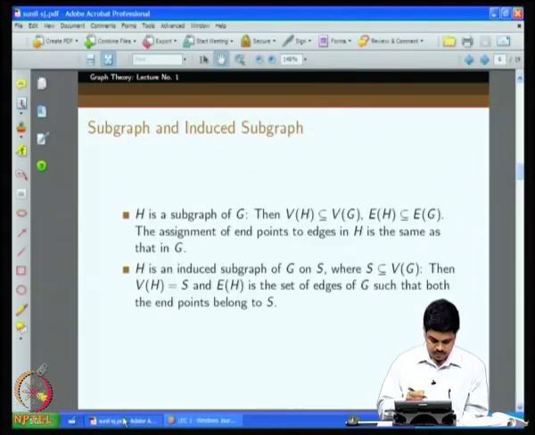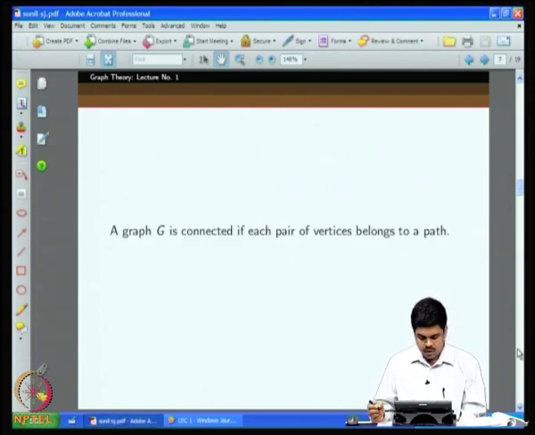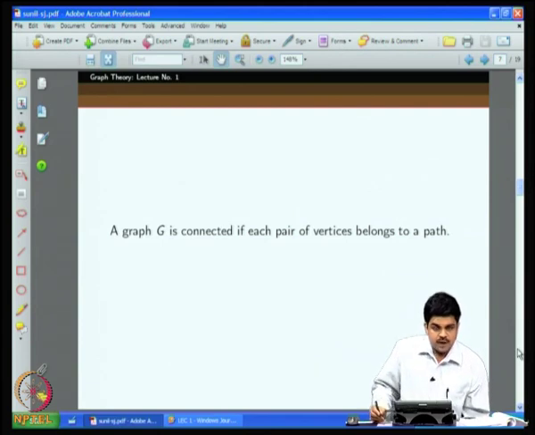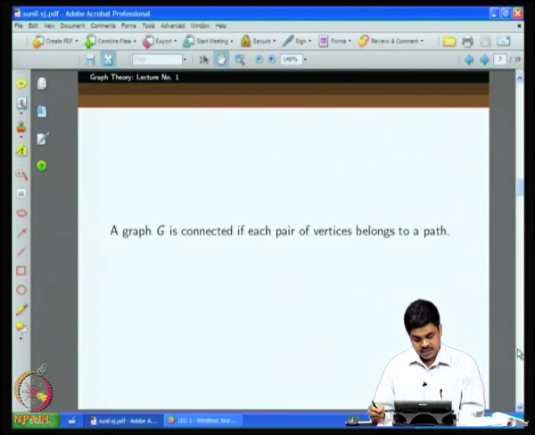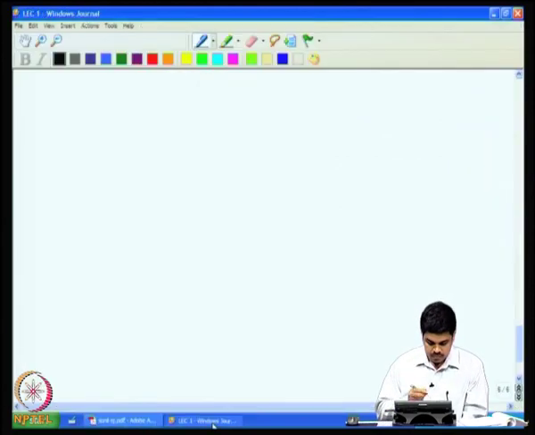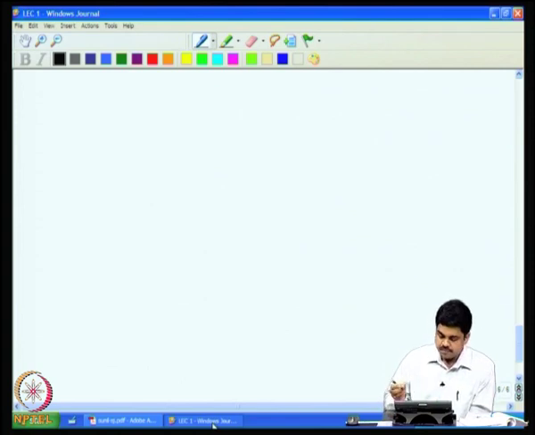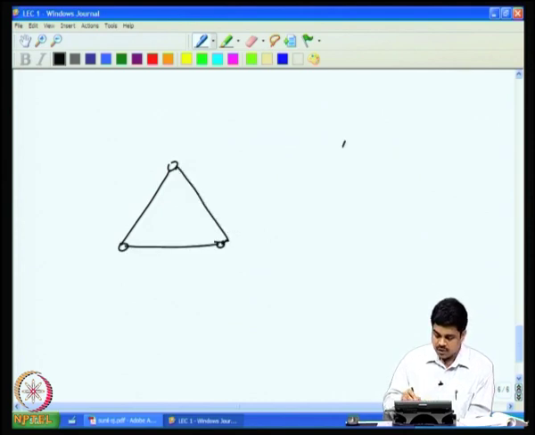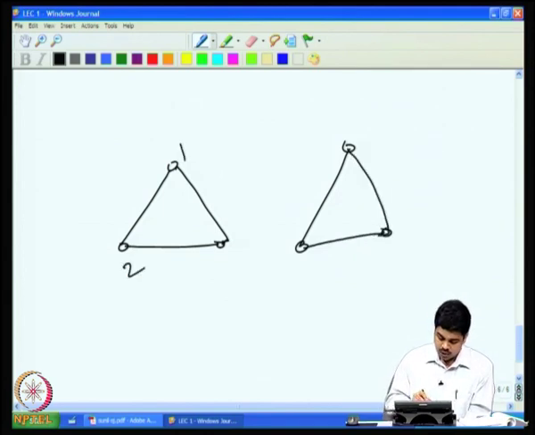Now, the next one is the notion of a connected graph. We say that a graph is connected if each pair of vertices belongs to a path. That means, suppose we consider this simple graph. Here there are 6 vertices in this graph: 1, 2, 3, 4, 5, 6.